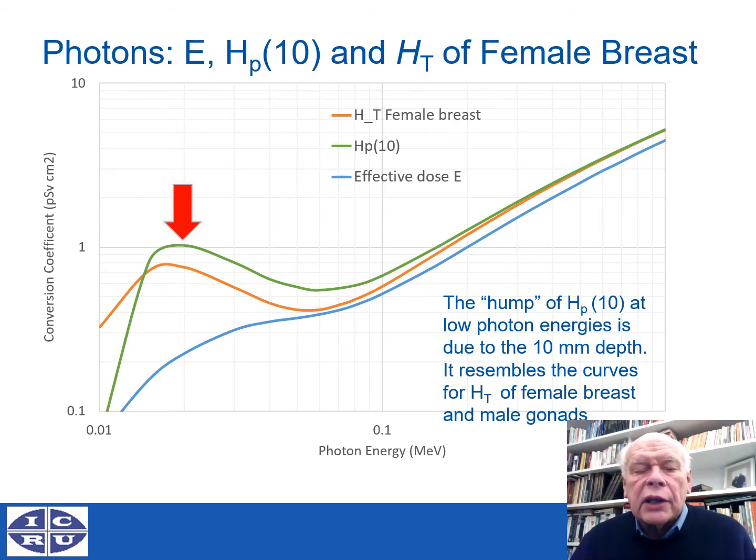That was the maximum dose equivalent. And of course, at these low energies, the maximum dose equivalent is with those organs which are near the surface, which is the female breast and the male gonad. Nevertheless, one has to realize that the personal dose equivalent overestimates the effective dose by a factor of 5.